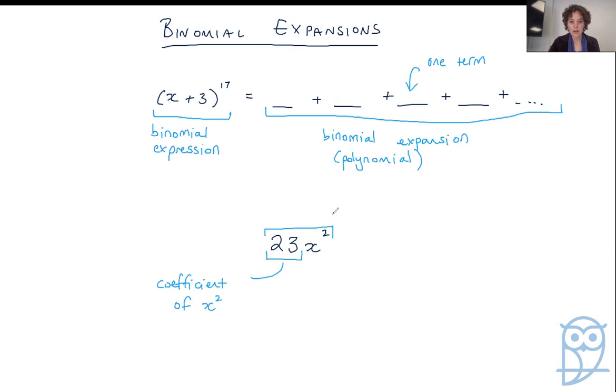This whole thing is the term in x^2. So we're going to identify our terms in this case by the power of the variable. For APs and GPs, we have that u_k or u_n, that identifier in the subscript. Here it is the power of the variable that identifies the term.